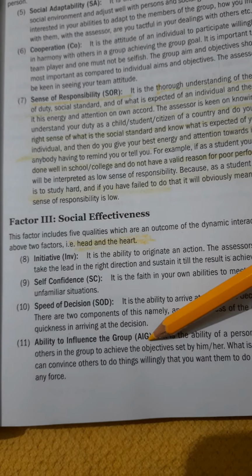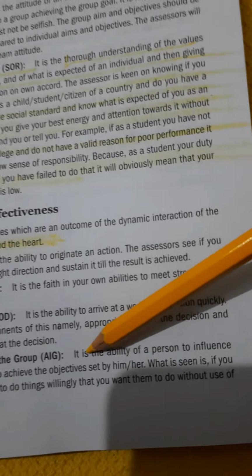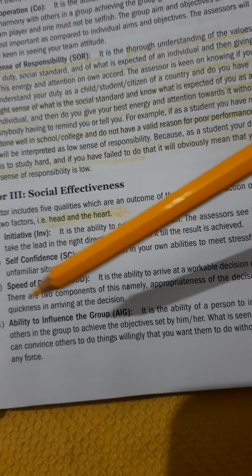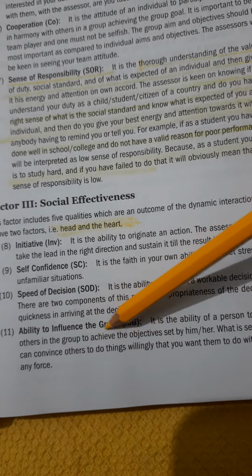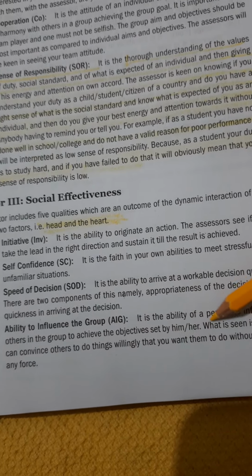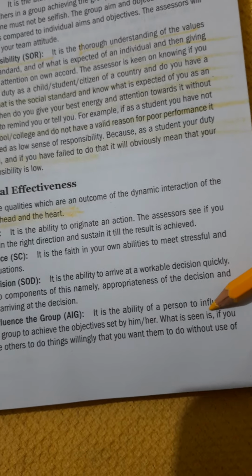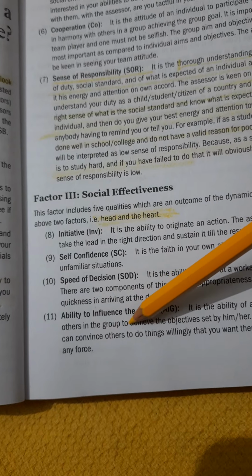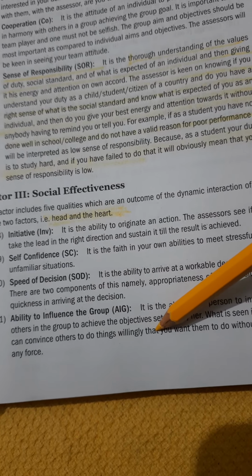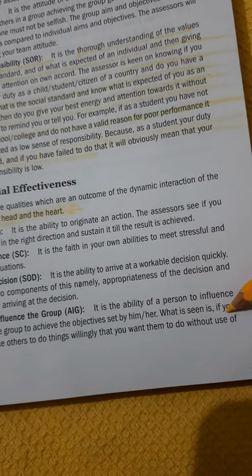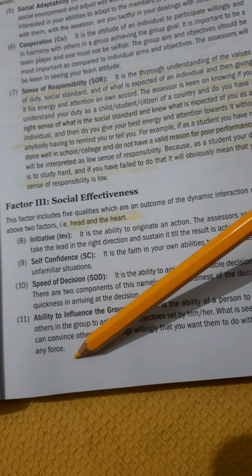Ability to influence the group, AIG. It is the ability of a person to influence others in the group to achieve the objectives set by him or her. What is seen is if you can convince others to do things willingly that you want them to do without use of any force.